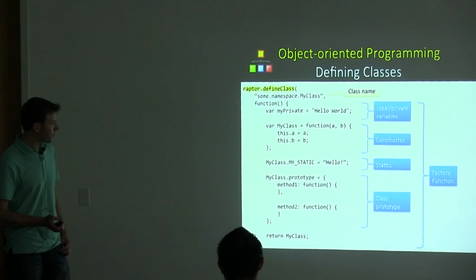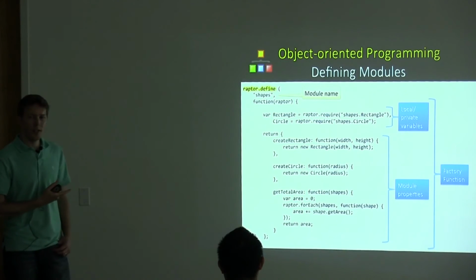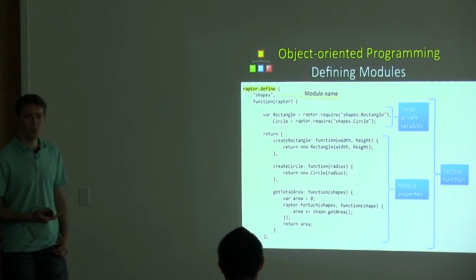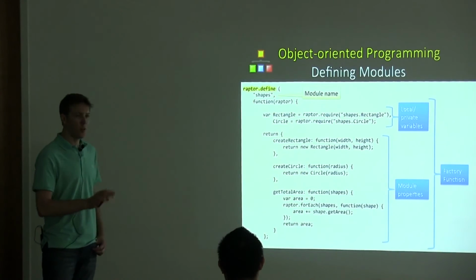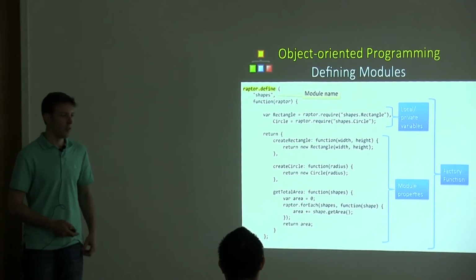Going back to the define module, you see here the create rectangle function. That gets invoked with two parameters, and internally it just calls new rectangle, and that's what gets returned. It's a way to hide the implementation details of your actual module.